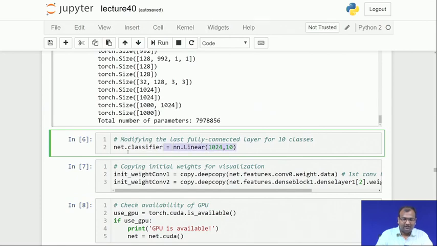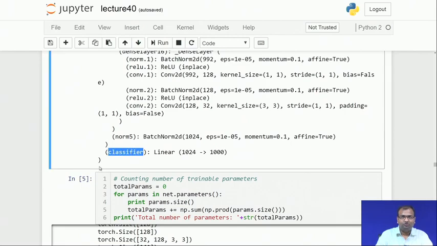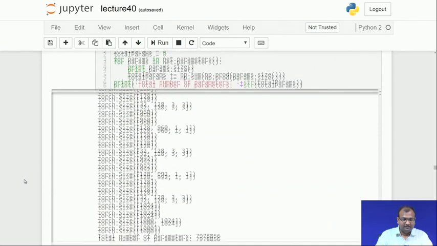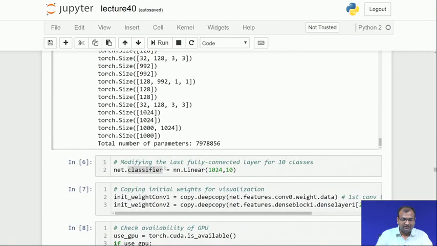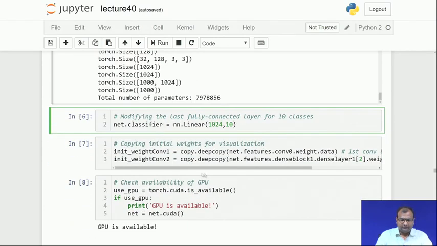For that, net.classifier is the pointer present over there. We replace it with one that connects 1024 nodes onto just 10 nodes, and this closes our total network for a 10 class problem.